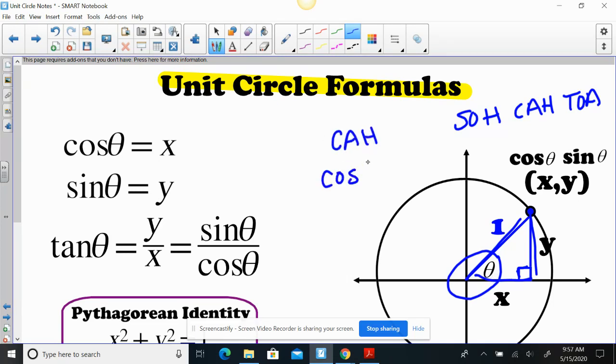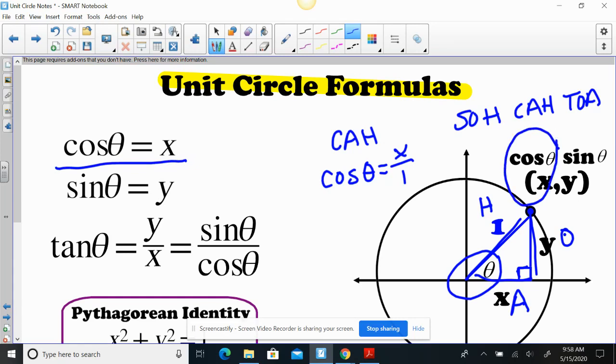So cosine of theta would be adjacent over hypotenuse, which is x over 1. Anything divided by 1 is just itself. So cosine is always your x value, which means when I'm looking at the unit circle, if they ask me cosine of a value, it's just whatever the x coordinate is.